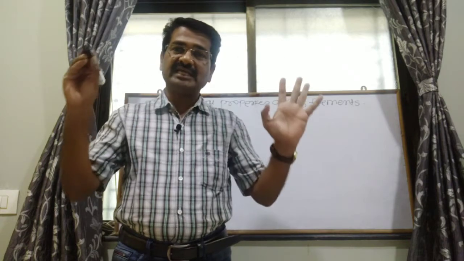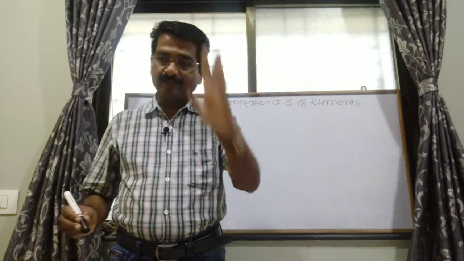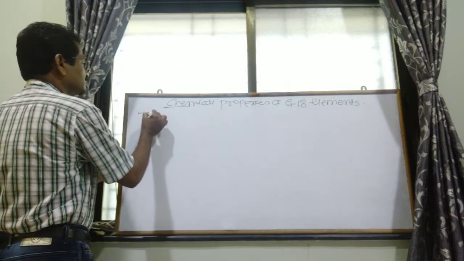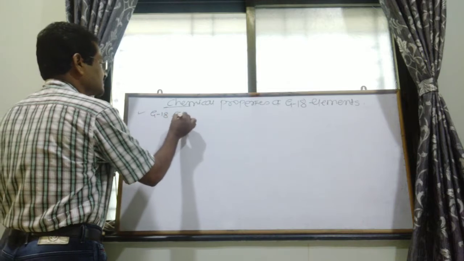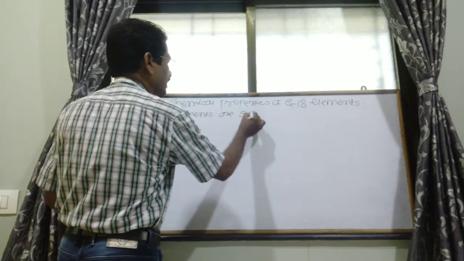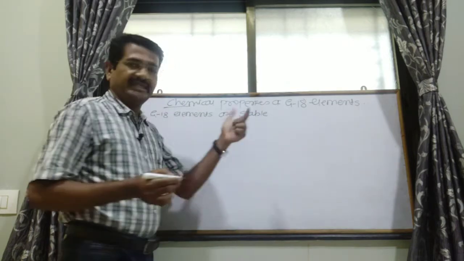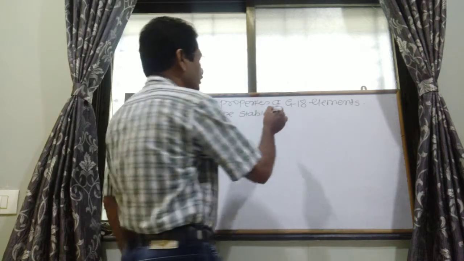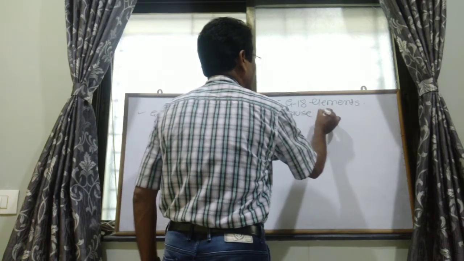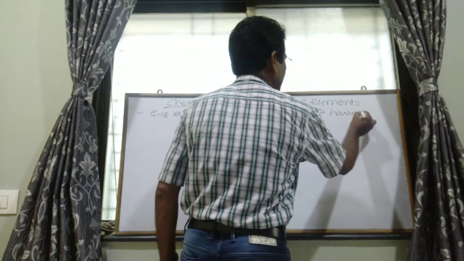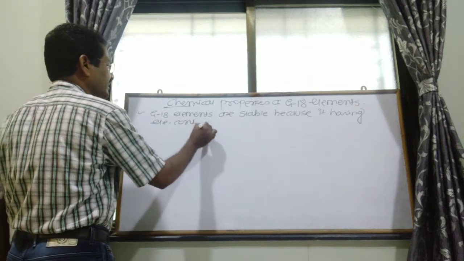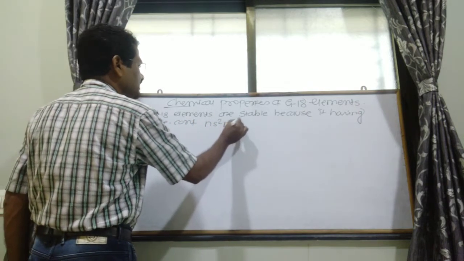Therefore, all Group 18 elements are stable in nature, because of the electronic configuration ns2np6.